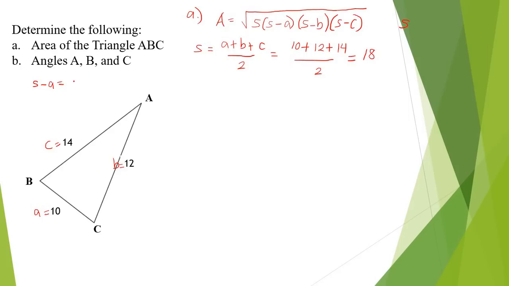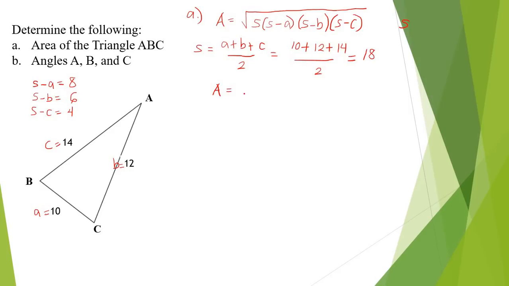So we have S minus A, 18 minus 10, we have 8. S minus B, we have 18 minus 12, we have 6. And S minus C, 18 minus 14, we have 4. So we will simply substitute these values here.